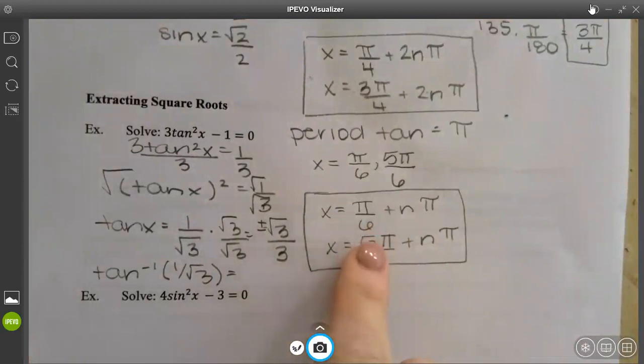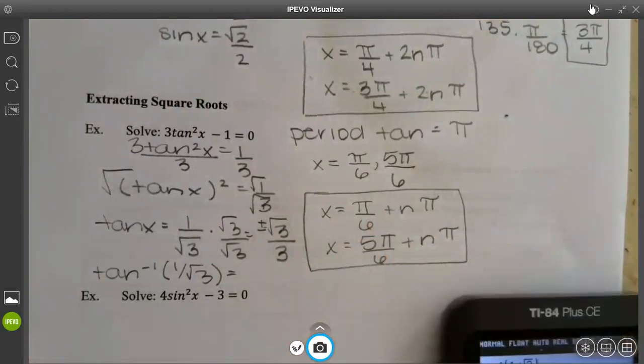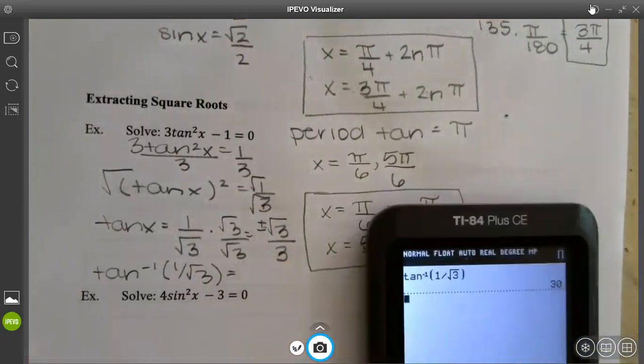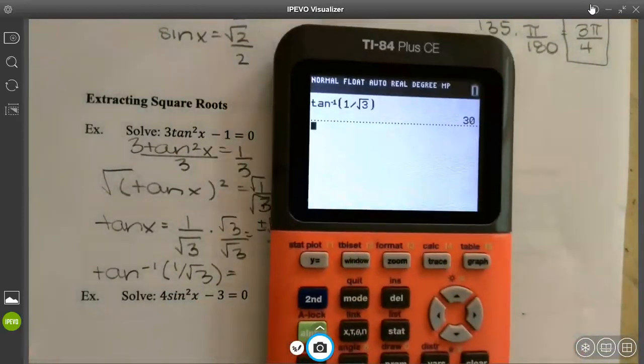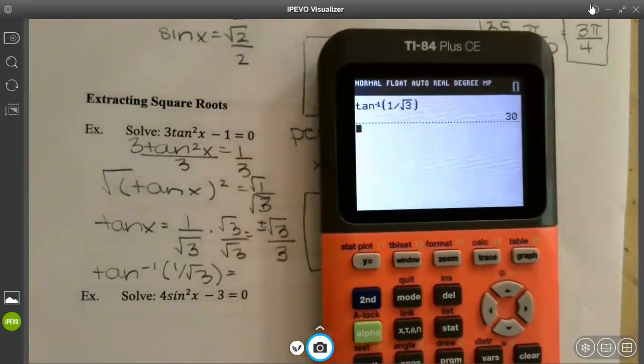So you don't have to use the unit circle. I just wanted to relate it back so that you guys could see it. So don't stress out about that at all. Well, what about 5π/6? How would I get it? Not the second half. It's still in the first half. You do a negative one.